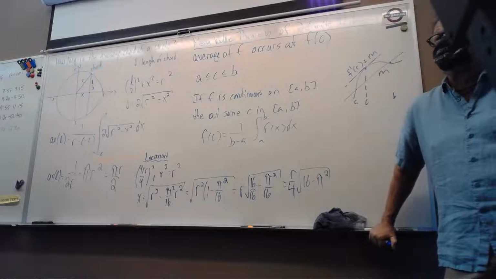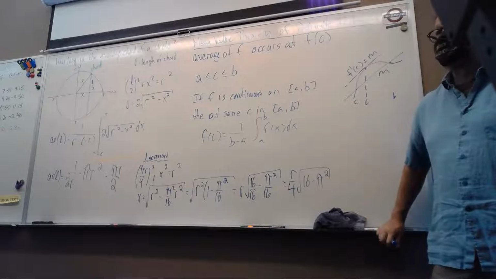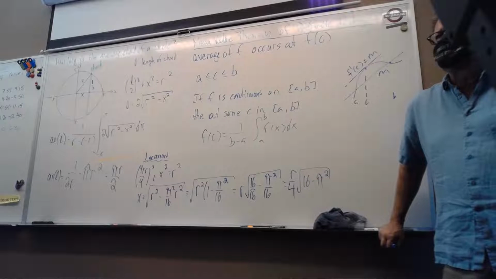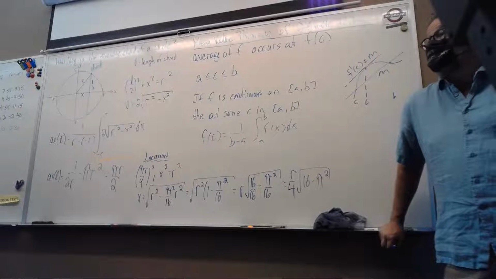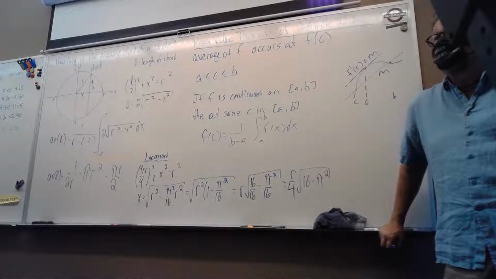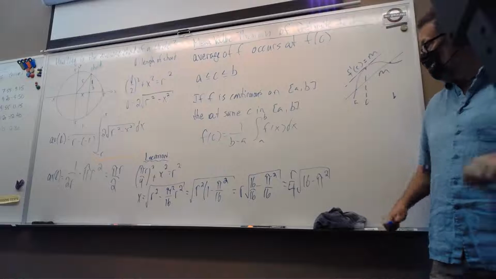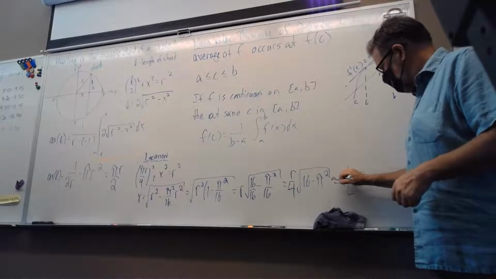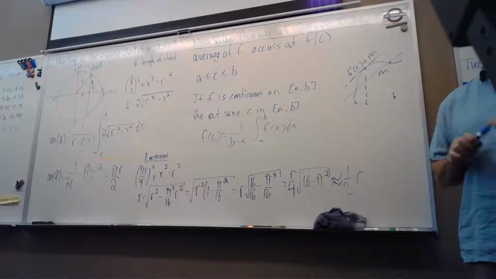Got to be bigger than 9, so I'm going to say 10. Square root of 16 minus 10, square root of 6, approximately. Got to be bigger than 2, but closer to 2 or closer to 3? Closer to 2. So this is approximately half the radius. Approximately.